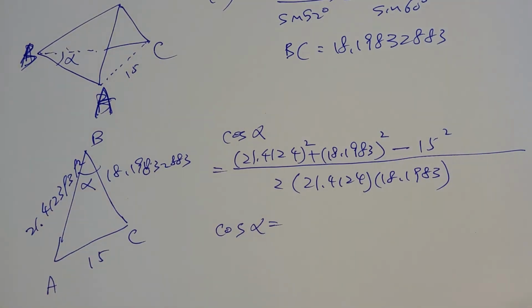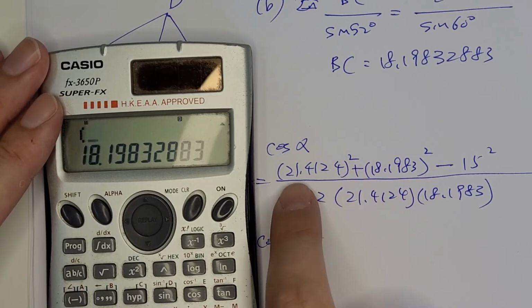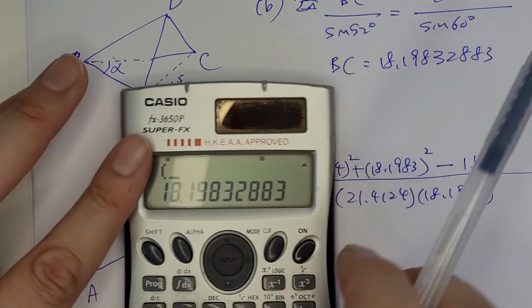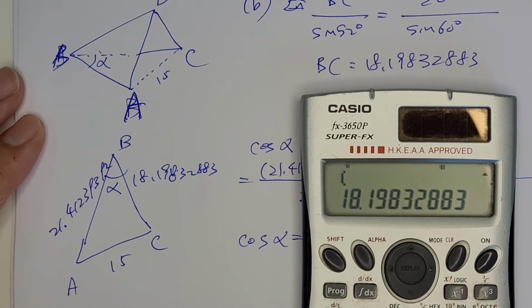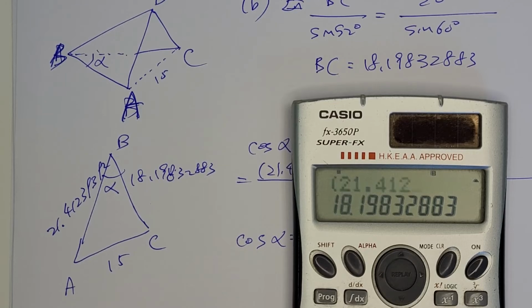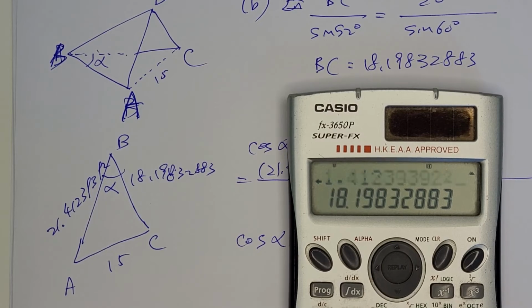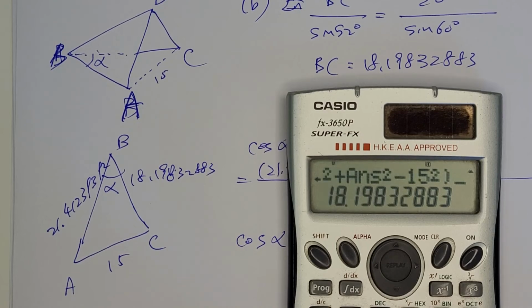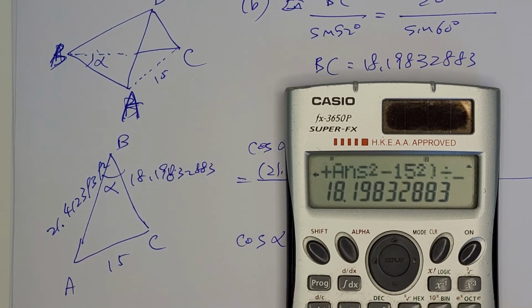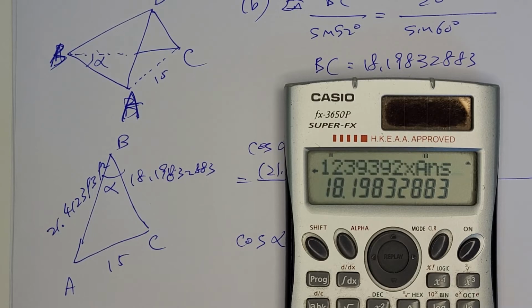Cosine alpha, plug in this number. You can call this number by answer, but you need to plug in this number first, 21.412 something, right? Okay, so start a bracket, 21.41239392 squared plus answer squared, that means the 18.19 something, minus 15 squared, close bracket, that's the numerator, divided by 2 times 21.41239392 times answer.